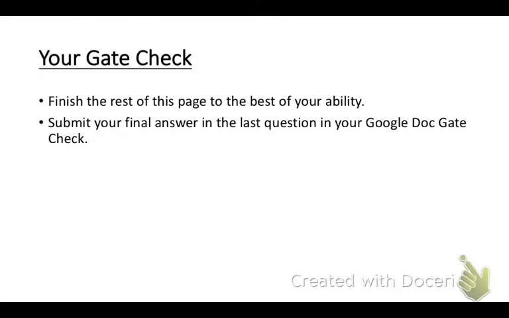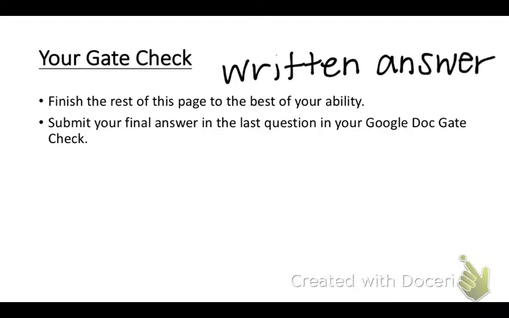Your gate check. You're actually going to finish the rest of this page, including the written answers. They're there for a reason, so make sure you do them. Do not skip them. Finish the rest of this page to the best of your ability. Then you're going to submit your final answer in the last question on your Google Gate Check.